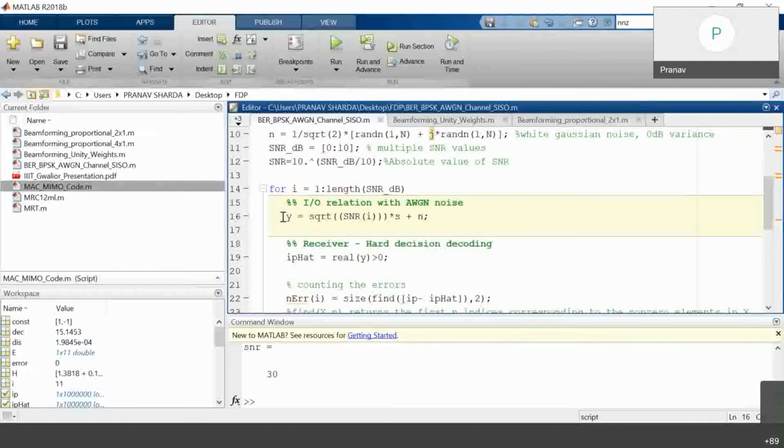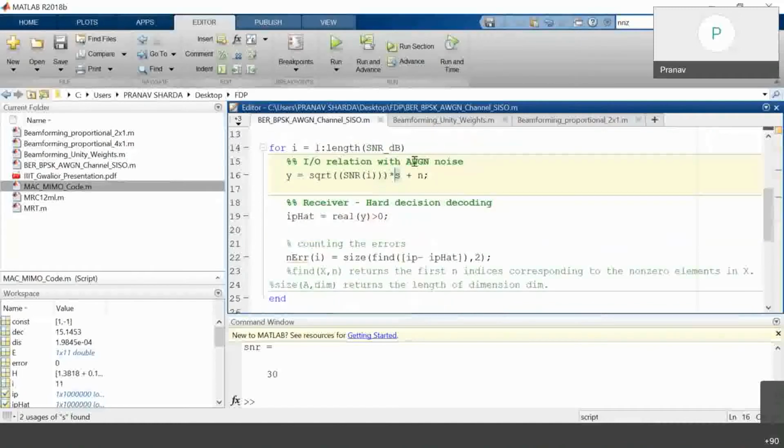So it is given as Y equals square root of SNR into the symbol S plus noise. Because when you receive the signal, you will have the transmitted symbol plus some noise. And these are already defined earlier. This S is defined earlier, noise is defined earlier, right? So this is the mathematical way of writing the theoretical equation in MATLAB.